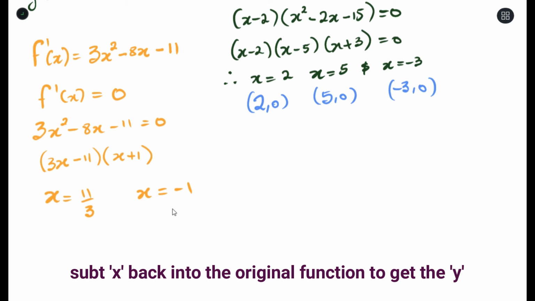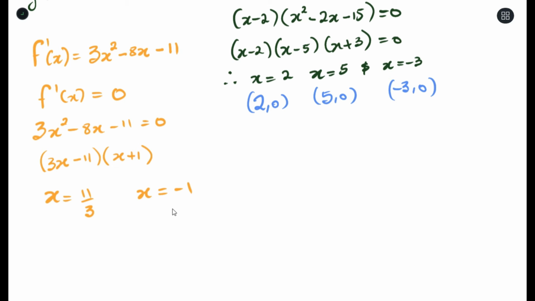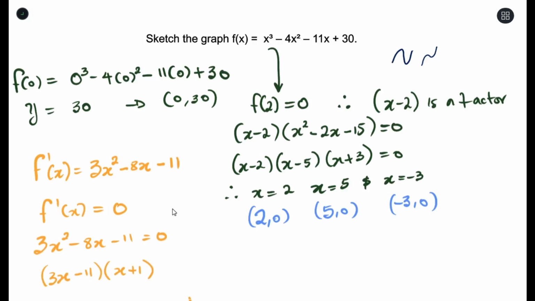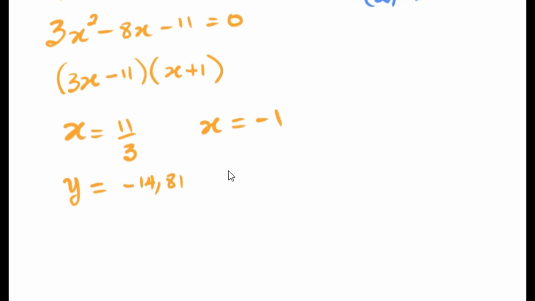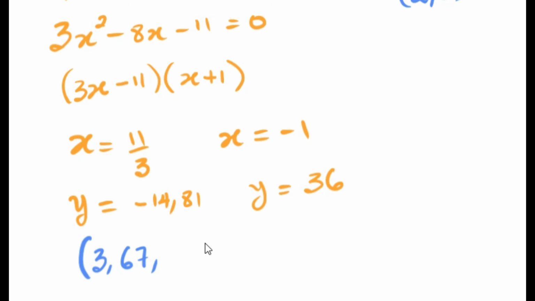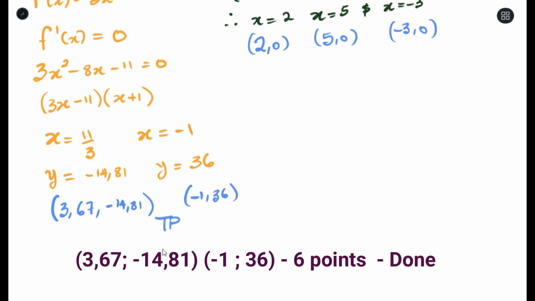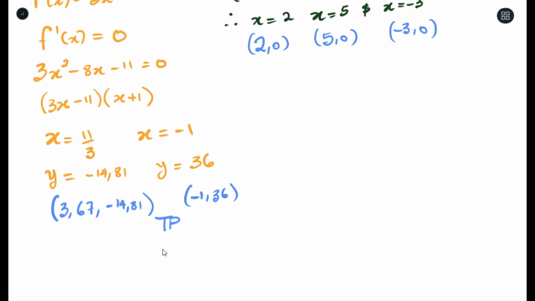So all we need to do is substitute 11 over 3 and negative 1 into the original x cubed minus 4x squared minus 11x plus 30, and that gives us the coordinates of our turning points. One is (3.67, -14.81), and the second is (-1, 36).